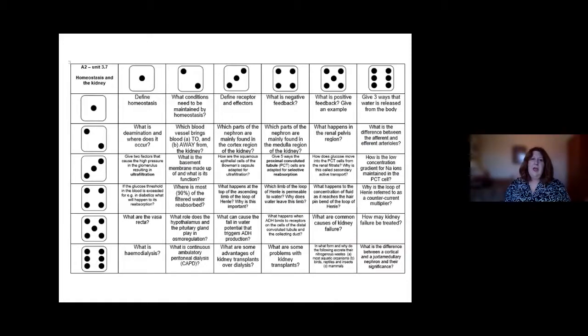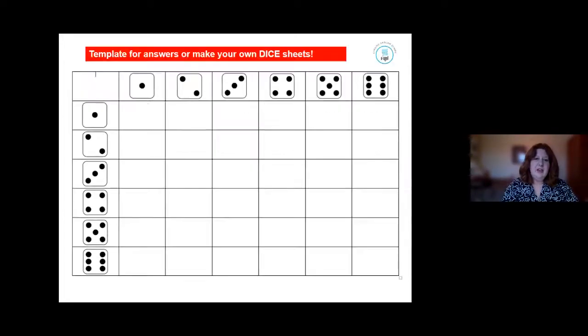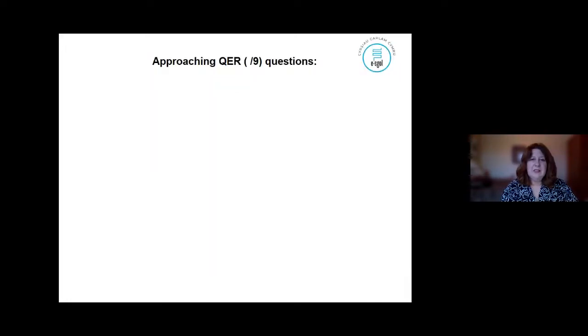I usually finish with one of these dice sheets. So I will leave you with this dice sheet, where the idea is that you've got your questions and then you've got a template to make your answers, and I can give you the answers to those next time.